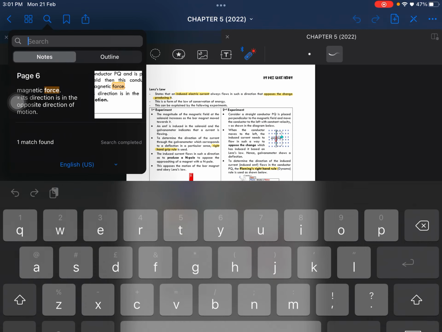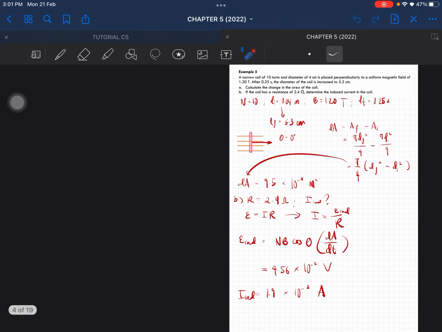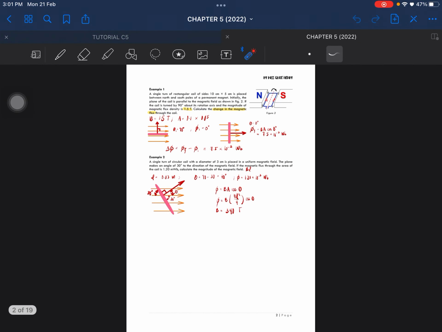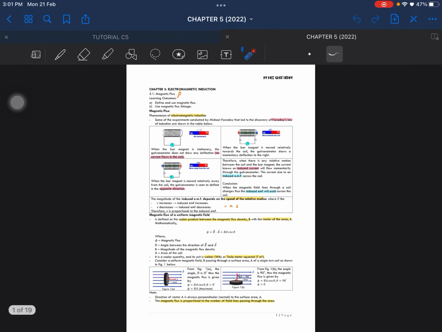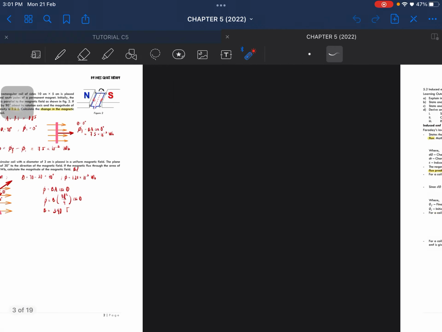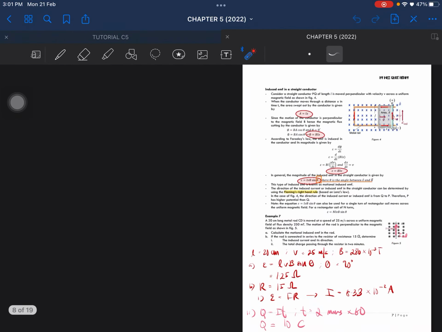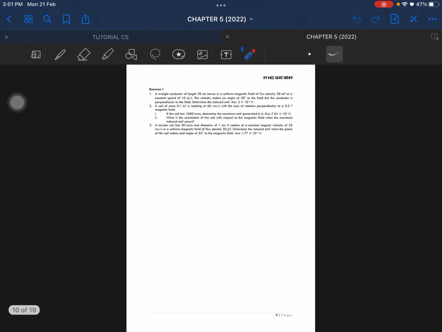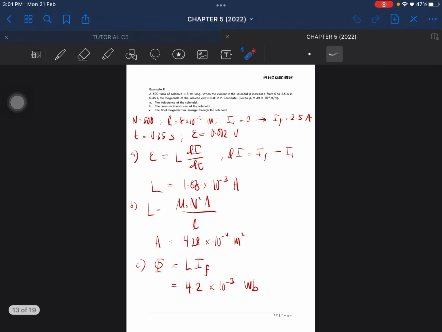There's only one force. Okay, that's weird. I can't really find it in the notes. I'm not sure if I've included this in the notes. I should, right? But it's okay, I'll double check where I put it in the notes. But the formula that you will be using is F equals ILB.